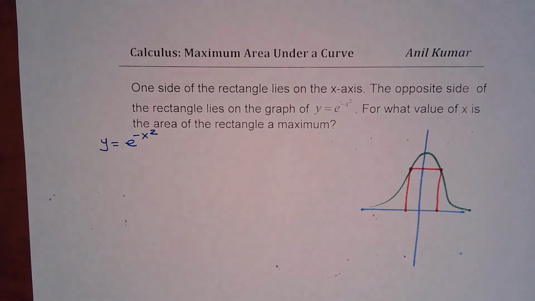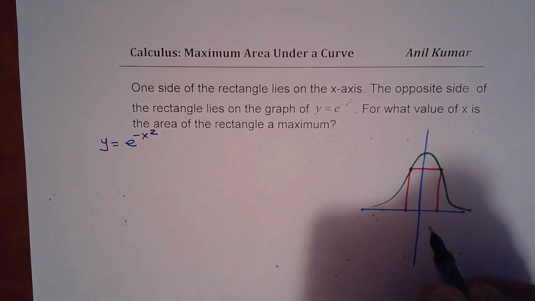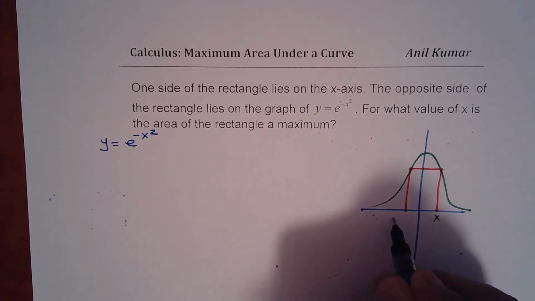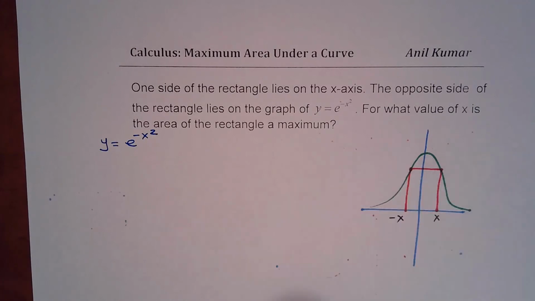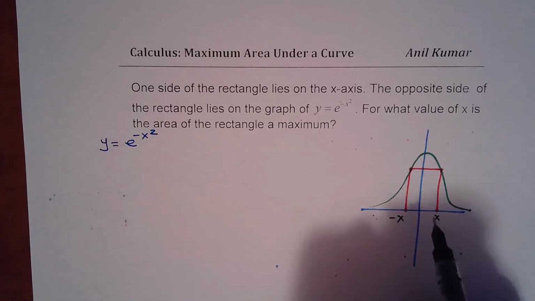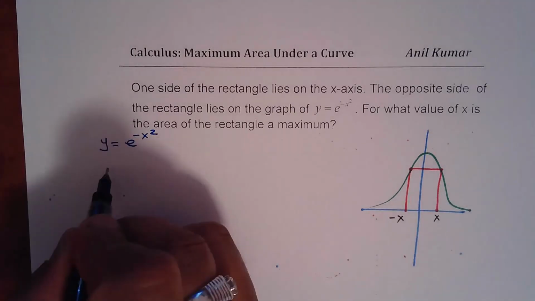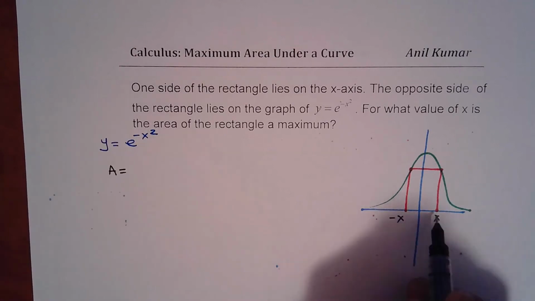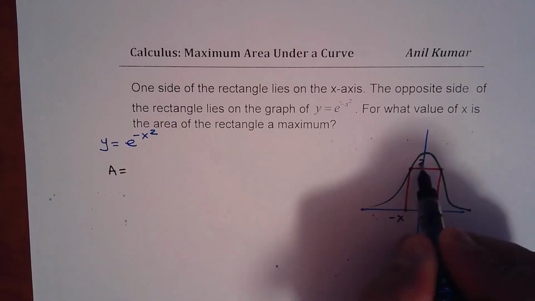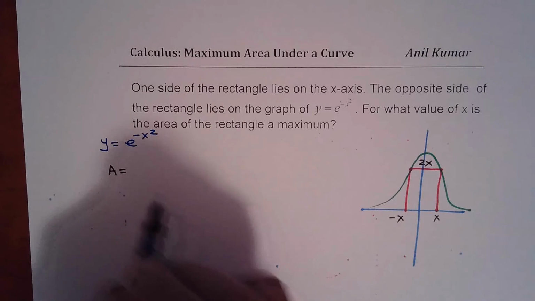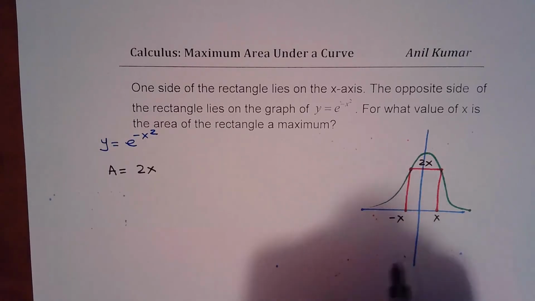Now clearly, if we have x on the right side, minus x will be on the left side. So the area of this rectangle could be found as follows: this side dimension is 2x, right? So 2x is the width of this rectangle. And what is the height?